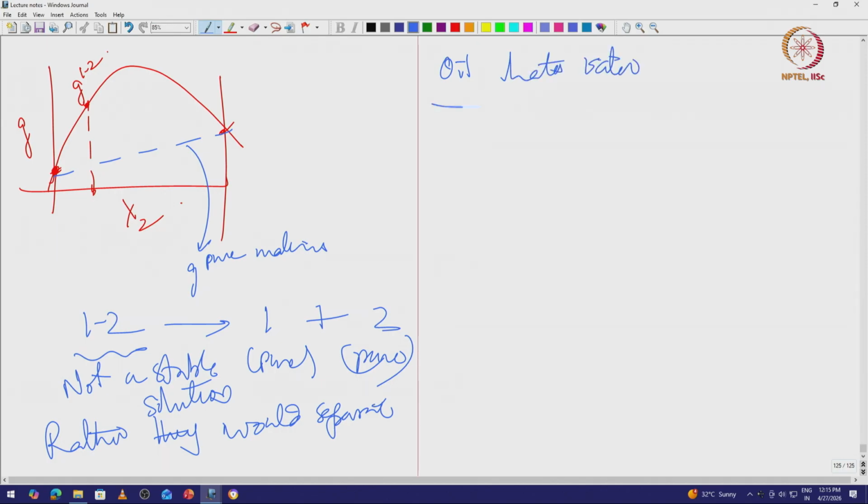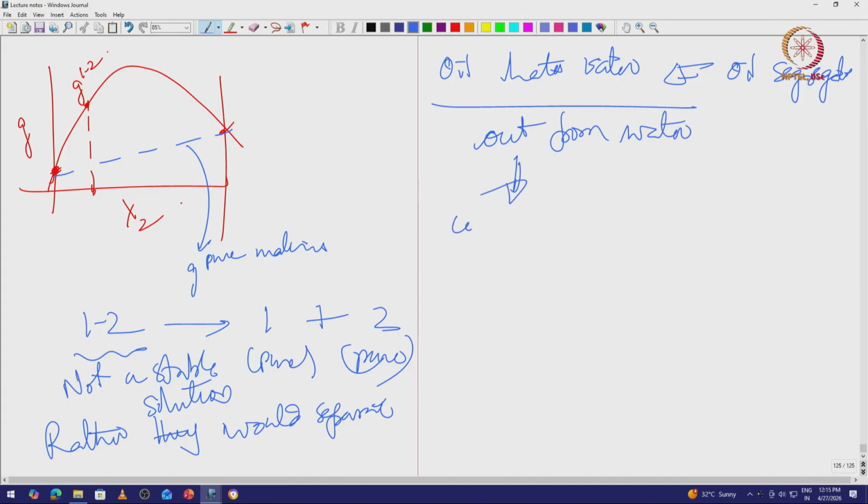So, of course, oil does not want to mix with water. If I hate someone, I will not form a solution with them. So, oil segregates out from water. In that scenario, the G's will be these convex up functions. Okay. All right, very good.